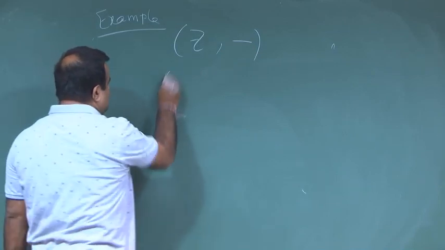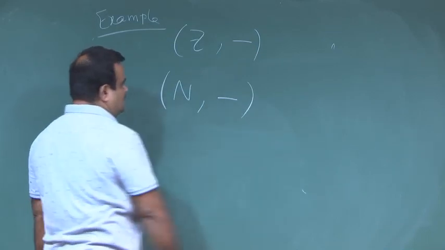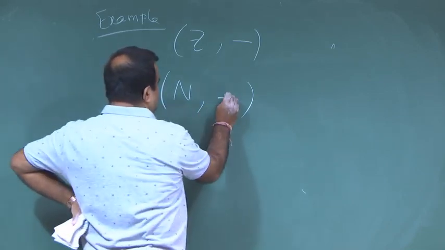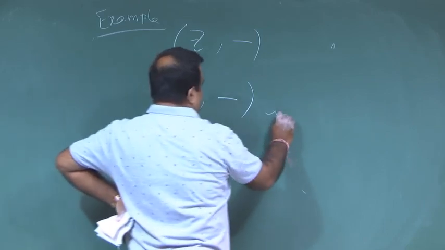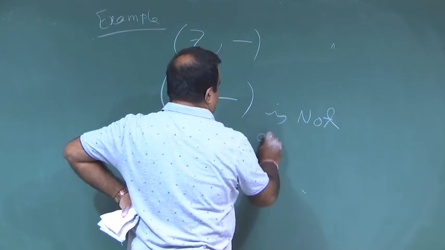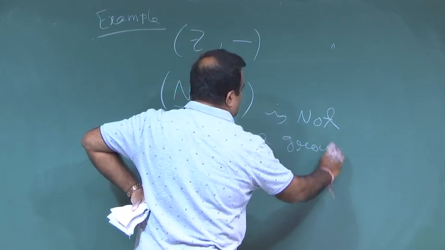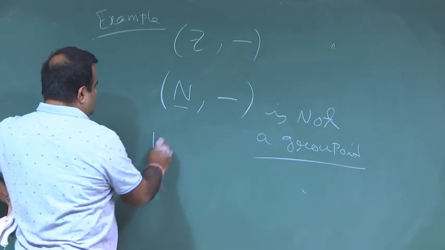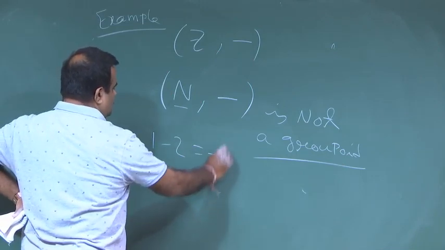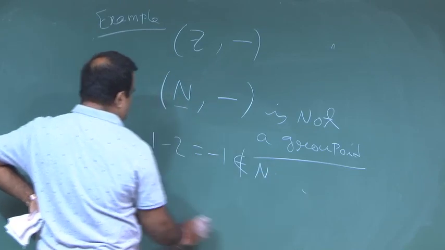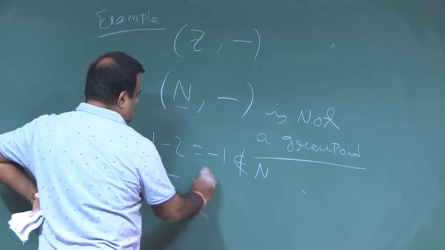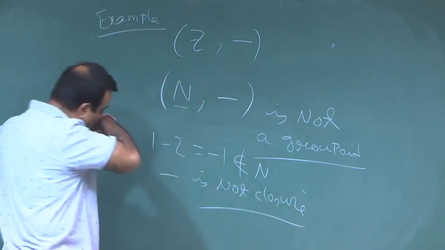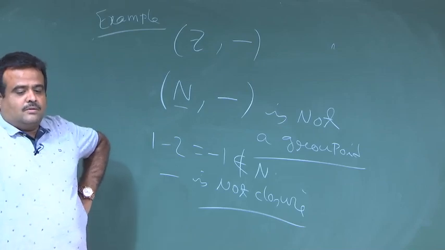But if we take the natural number set N and the real number subtraction, this is not a groupoid, because it is not closed under N. If we take two numbers, the result can be minus 1, which does not belong to N. So it is not satisfying the closure property.